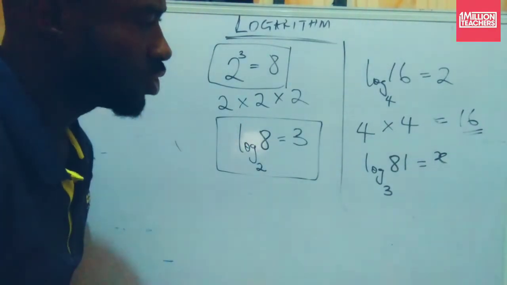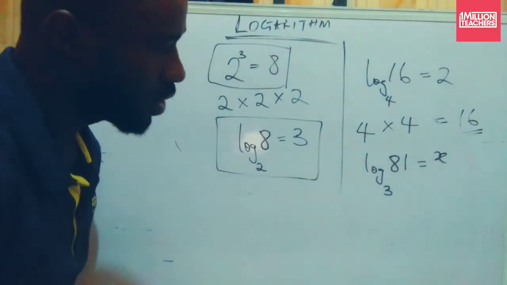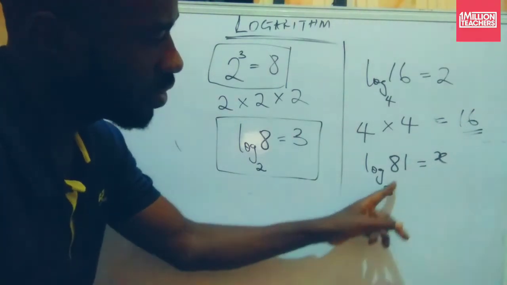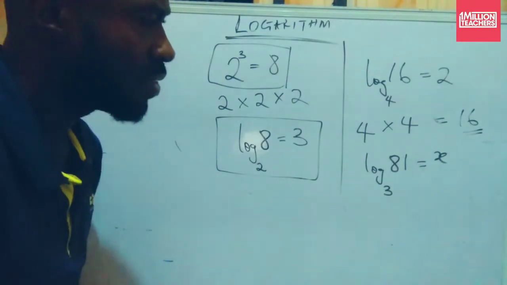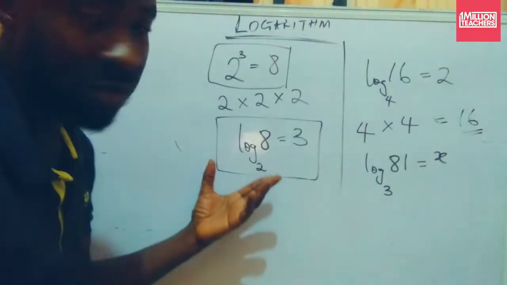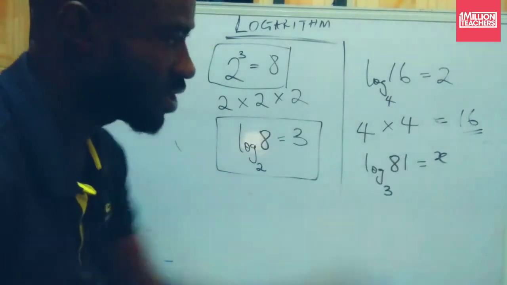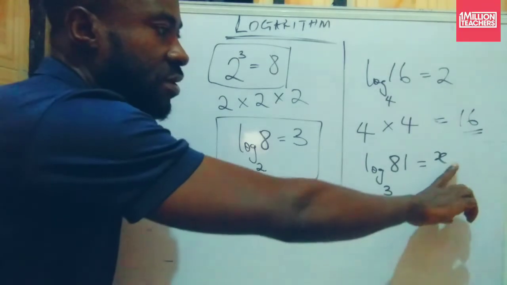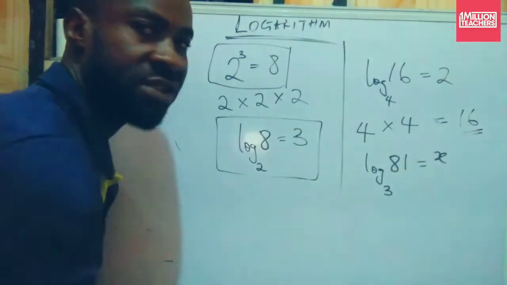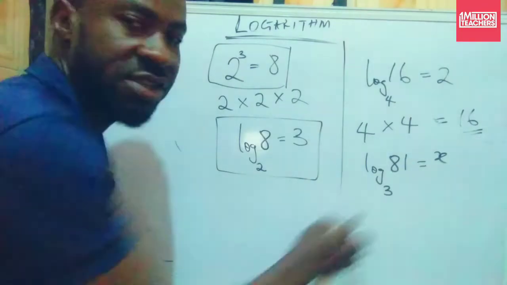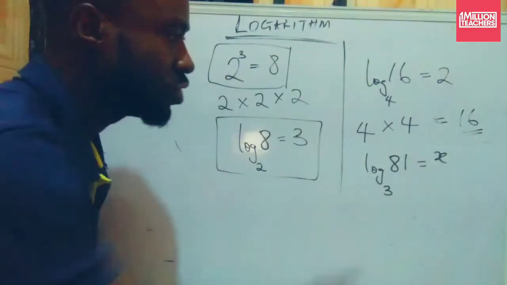By looking at this expression, you'll be able to say, okay, this is log base 3 of 81 equals x. By understanding this simple concept about logarithm, it will be very easy for you to get x, because you know that this number on the right hand side is simply the index. It's telling you how many times this 3 will times itself to give you 81.